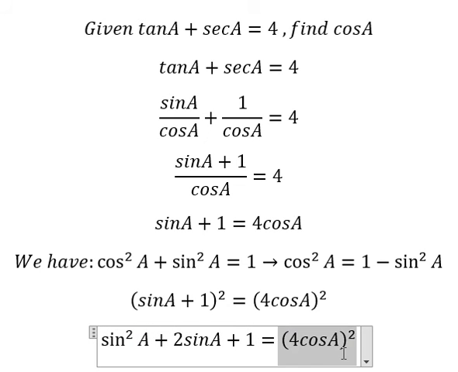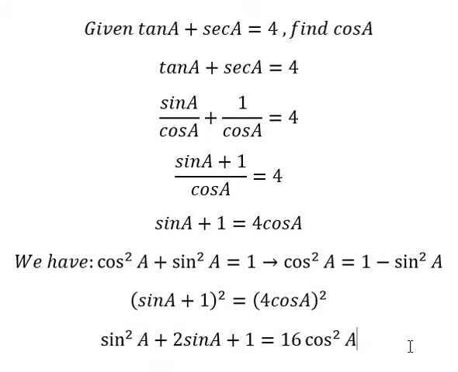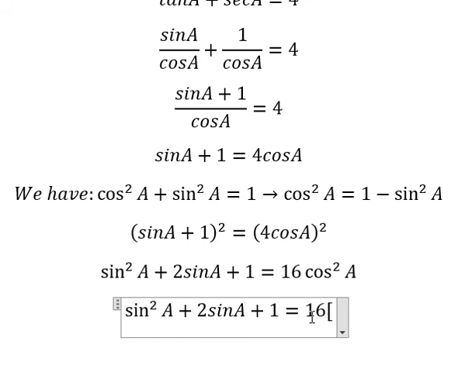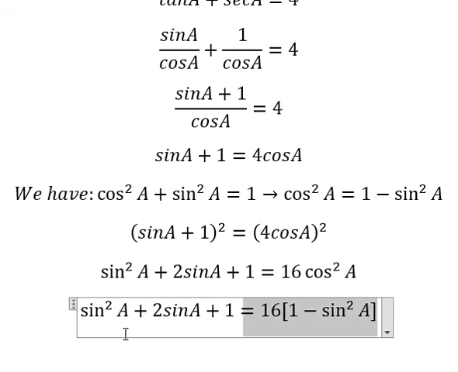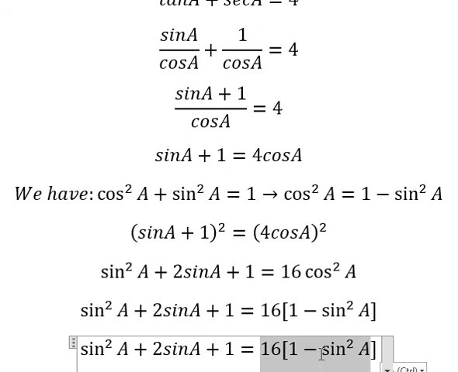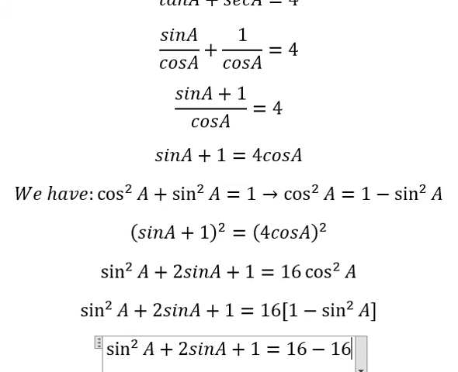This one we have 16 cosine A squared. Now I will put this one here. Now this one we have 16 minus 16 sine A squared.